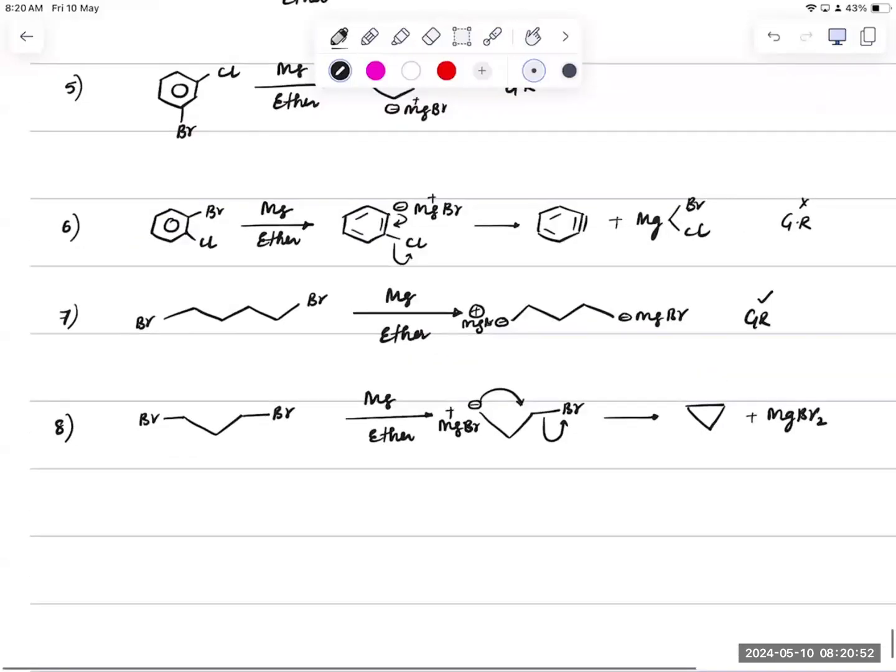So you would notice that a 3-membered ring will not be stable here. So that is what you'll notice, that it will not form any kind of Grignard's reagent in this case. Okay. I guess this idea is clear, everybody, right?